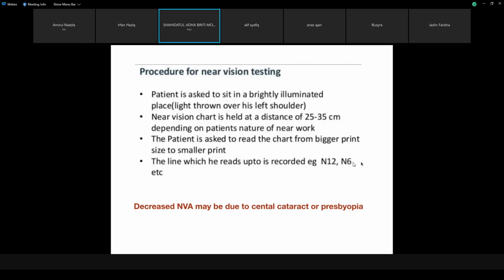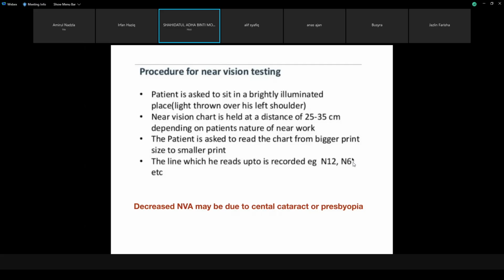Okay, the other things are the same. The room that is used to do this near vision must be brightly illuminated, and the patient is also asked to read from the chart, from bigger print to smaller print. But the documentation is different. It's not like 6/6, 6/9.